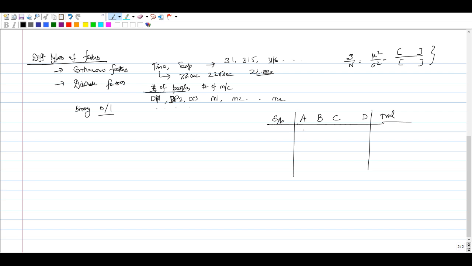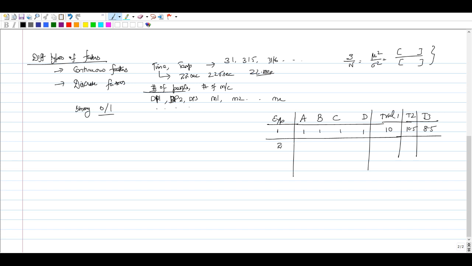For instance, you are saying 1, 1, 1, 1 for ABCD, and let's say 10 was the trial 1 output. This is for experiment number 1. Then I do trial 2 and trial 3, which means I am repeating this experiment with the same combination of 1, 1, 1, 1. So then it could be 10.5, and this could be like 8.5. I'm just giving some random numbers here.